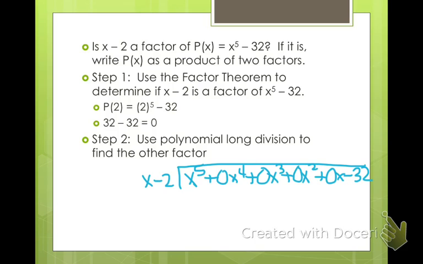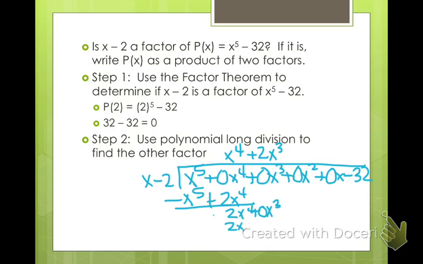Okay, so I have x to the 4th, that makes x to the 5th minus 2x to the 4th. So I get negative 2x to the 4th. Hold on. It's 2. Positive, negative, positive. So positive 2x to the 4th plus 0x cubed. That means I need a plus 2x cubed to make a 2x to the 4th minus 4x cubed.